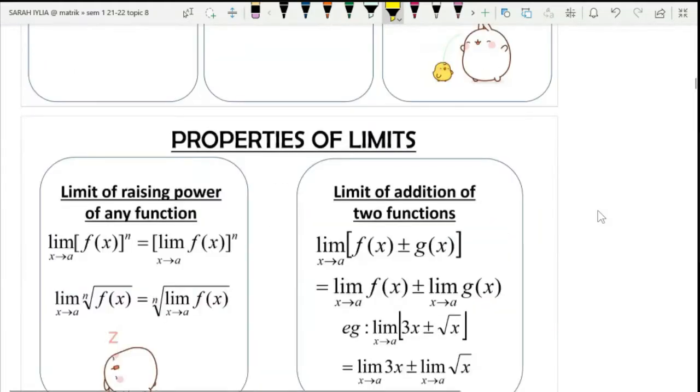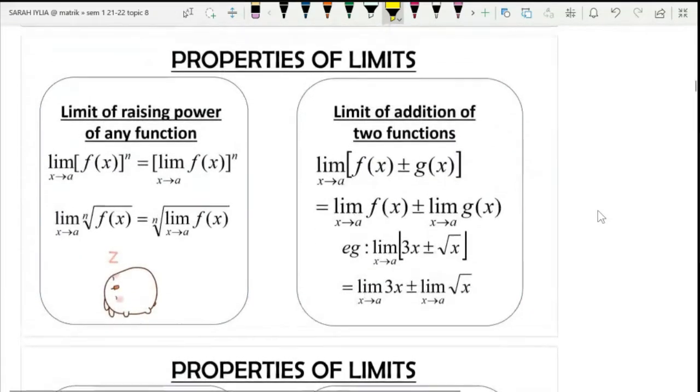Moving on. Okay, next one, limit of raising power. So sama konsep lebih kurang macam scalar multiplication tadi. Kalau kita ada limit of a certain function with a power, set n to power lah, apa-apa power, dan kita boleh bawa keluar kuasa tu, means we transfer the limit of our function inside the power. Macam tu.